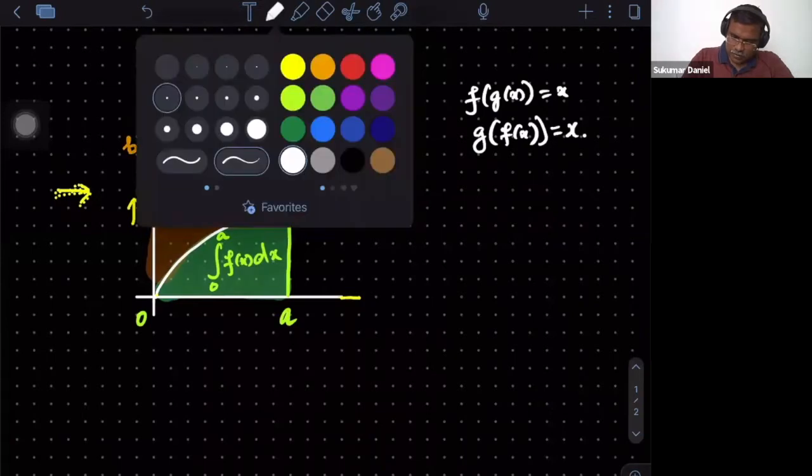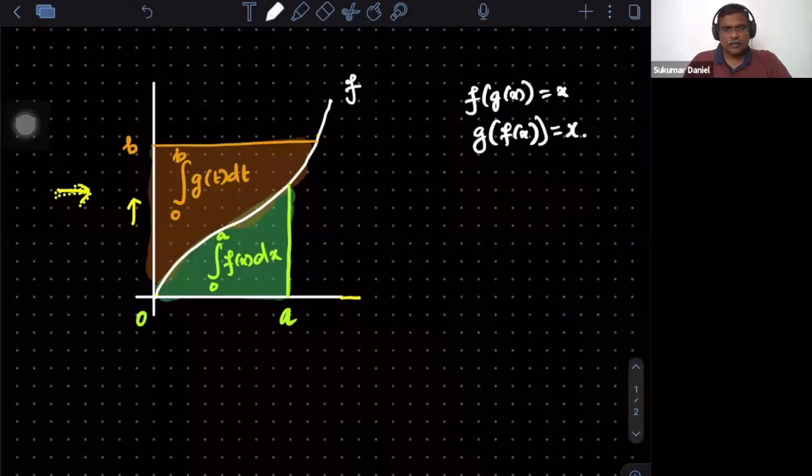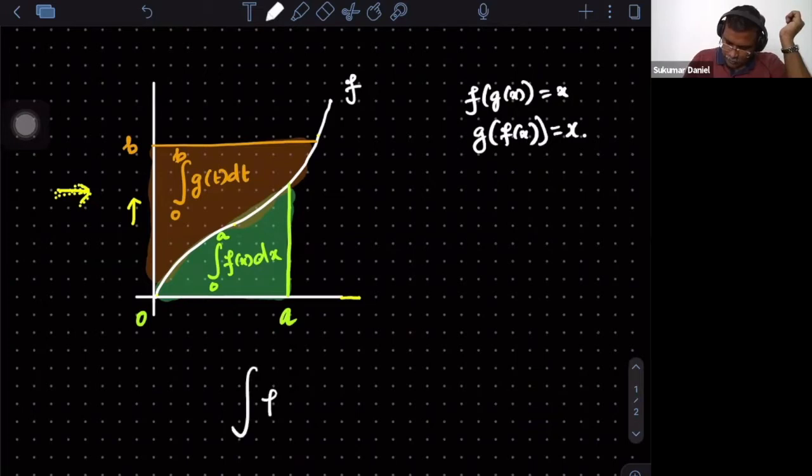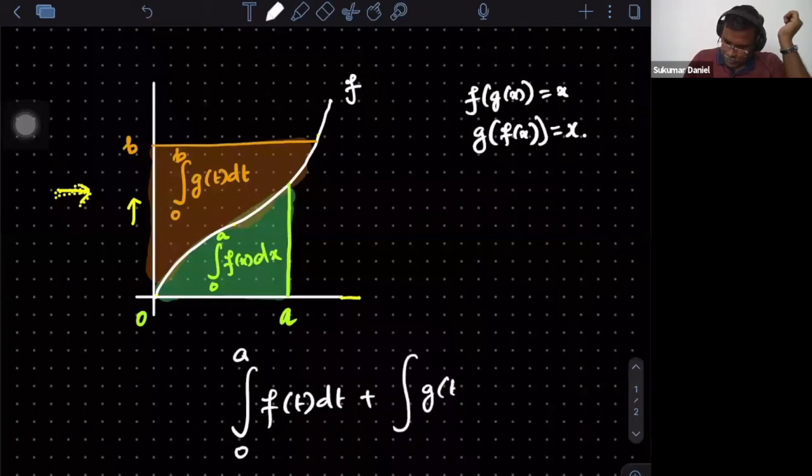Now I want you to look at the following: the integral of f(t) dt from 0 to a plus the integral of g(t) dt from 0 to b.